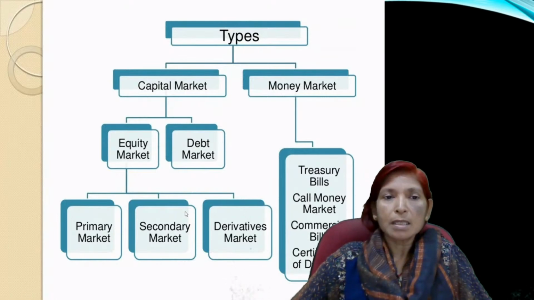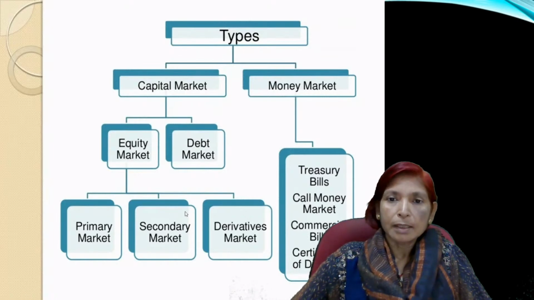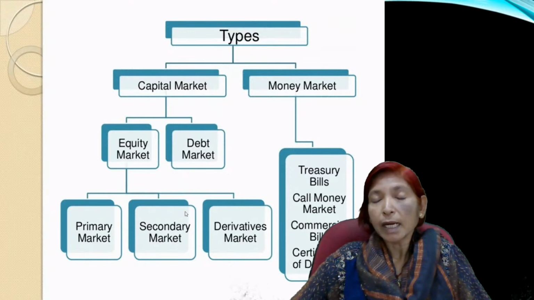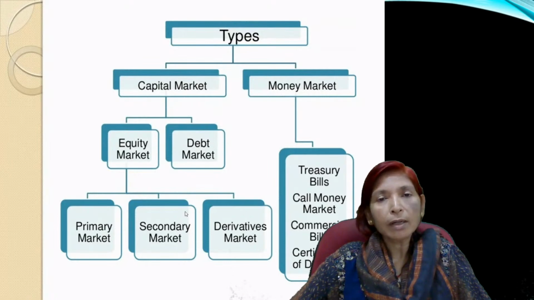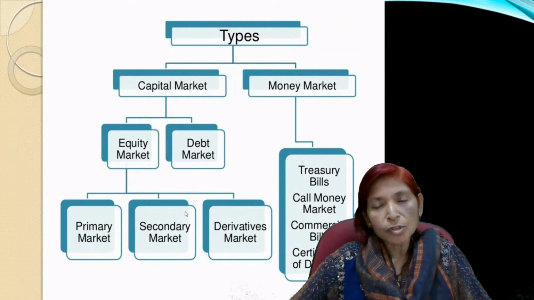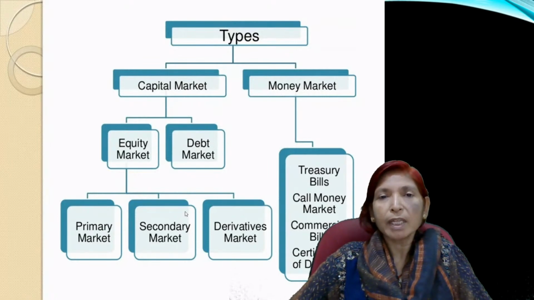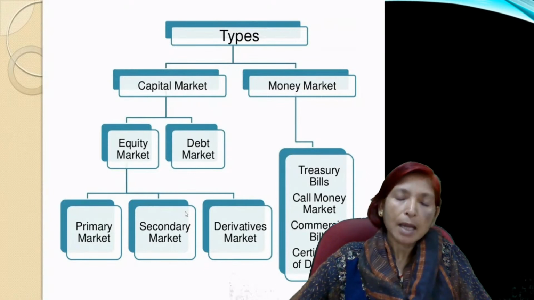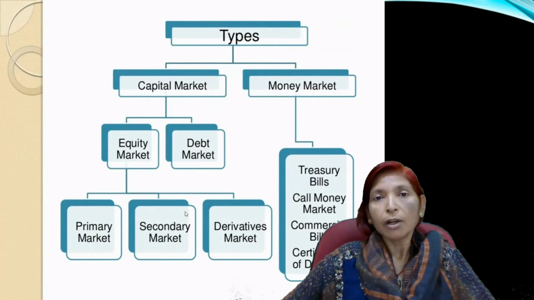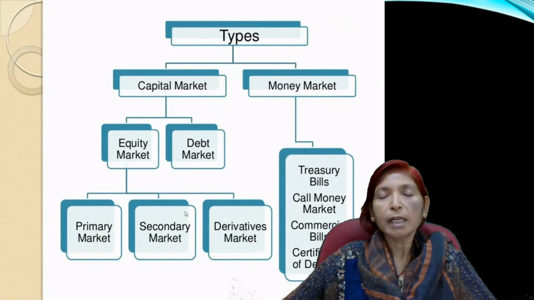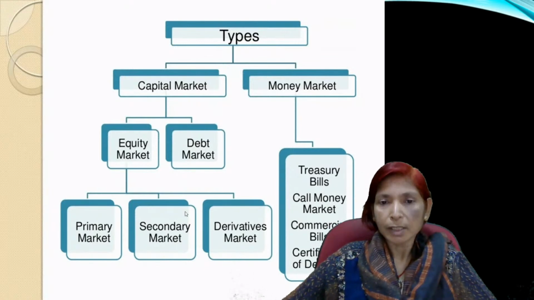The capital market is that market which provides funds for a longer time period, and the money market is that market which provides funds for a short time period. So this is the basic difference between the capital market and the money market. The capital market provides long-term funds and the money market provides short-term funds.